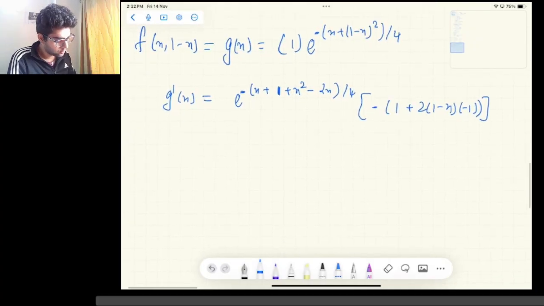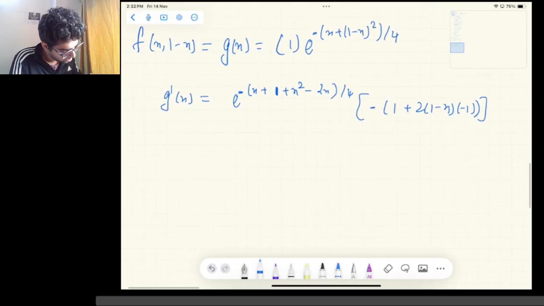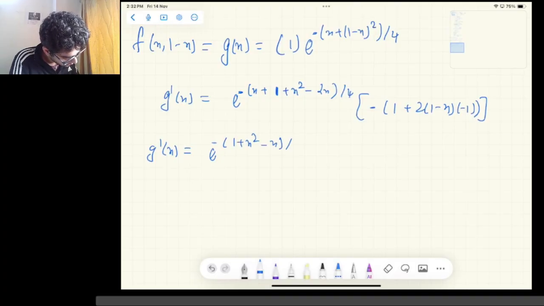Right, so now this becomes g dash x is equal to e to the power minus 1 plus x square minus x divided by 4, and this gives me minus 2 and minus 2, right?